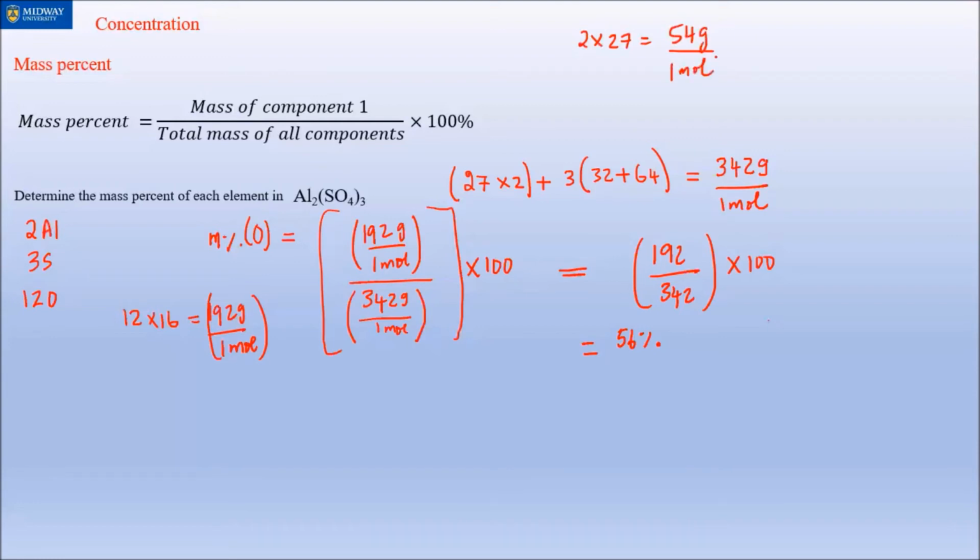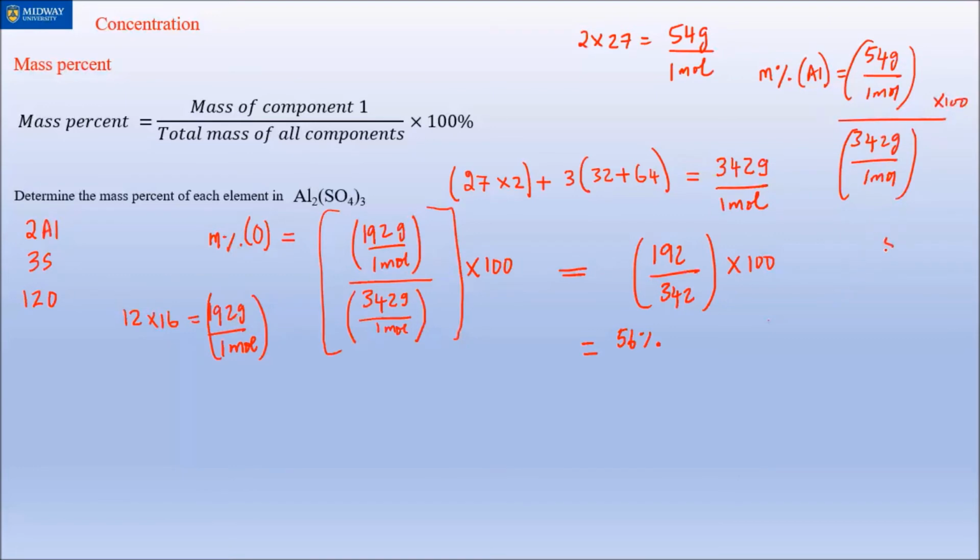So the mass percent of aluminum would be 54 grams over 1 mole, one single unit, divided by the total, which is 342 grams over 1 mole, and this whole thing multiplied by 100.